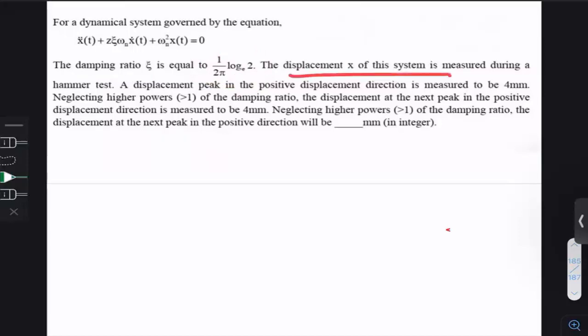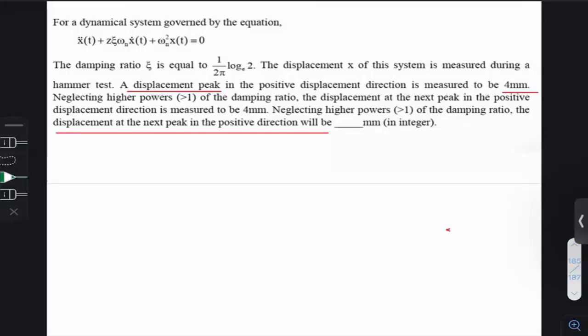The displacement x of the system is measured with a hammer test. The displacement peak in the positive direction is measured to be 4 mm, right? Neglecting the powers of the damping ratio, the displacement at the next peak in the positive direction will be.